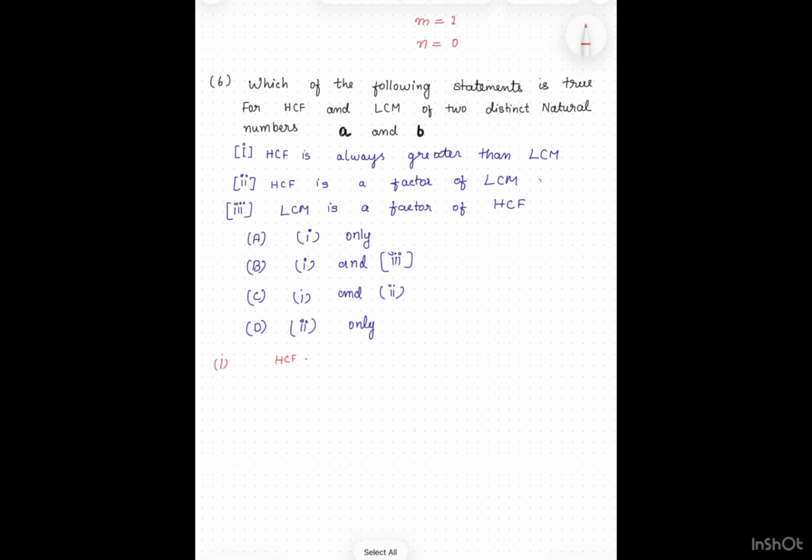For example, let's take two numbers 6 and 4. 6 can be written as 2 into 3 and 4 can be written as 2 to the power 2. The HCF of the two numbers 4 and 6 is the factor which is common in both numbers, which is 2 to the power 1, so the HCF is 2.